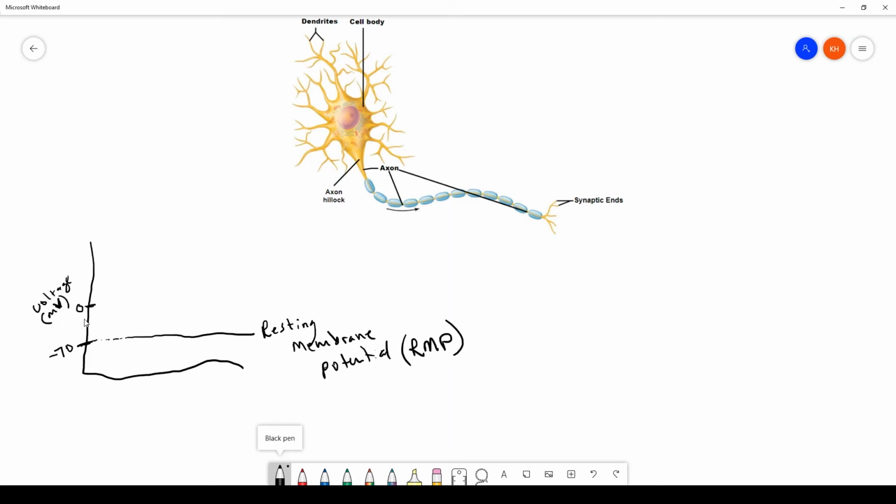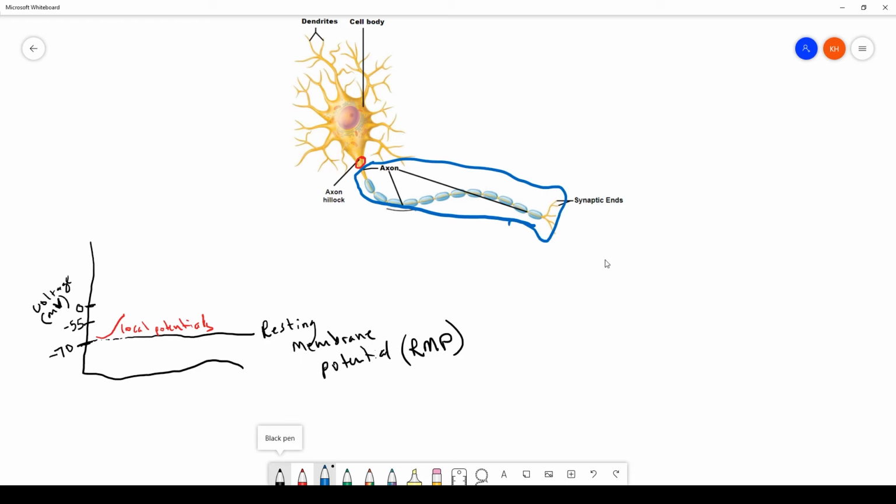Threshold is the value that has to be reached in order for an action potential to fire. Typically, this is around minus 55 millivolts. Once local potentials accumulate to minus 55, the first voltage-gated channel found at the axon hillock will open and allow sodium to flow in. The rest of the steps take place from the axon down.